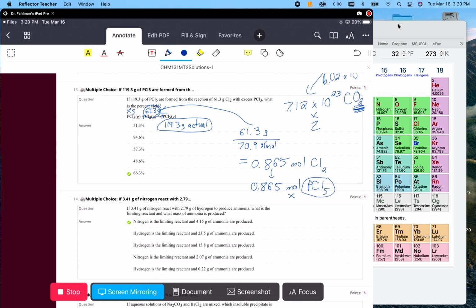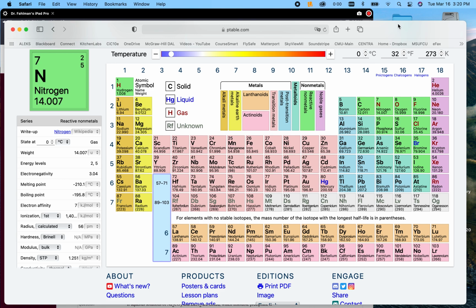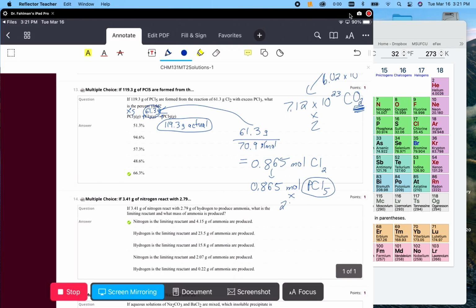Okay, so phosphorus is 30.974, and then we've got 35.45 times 5. So that is 208.224 grams per mole.